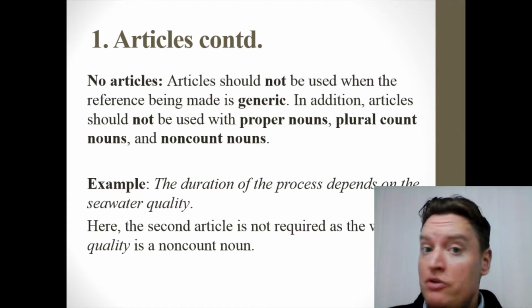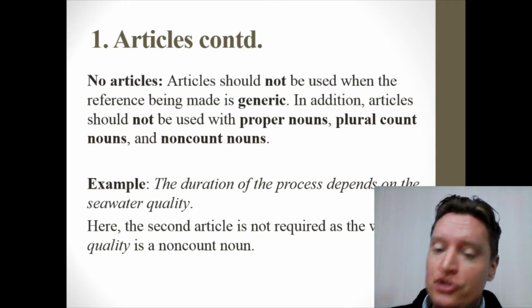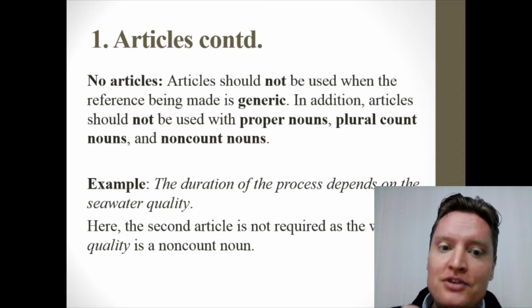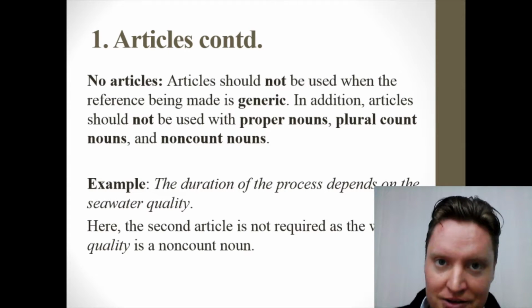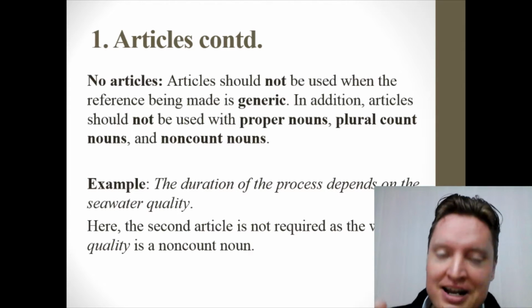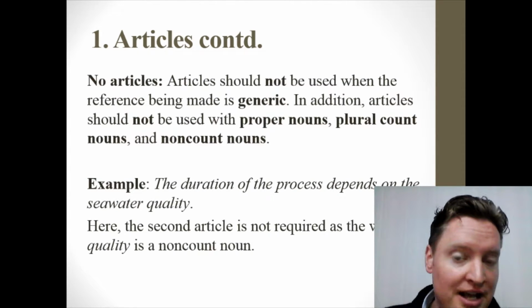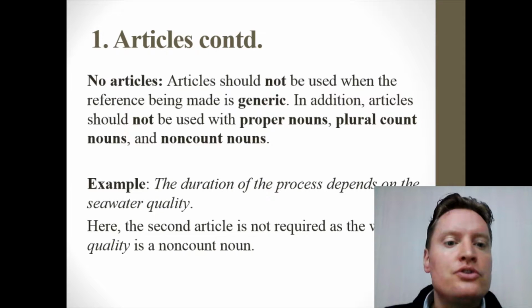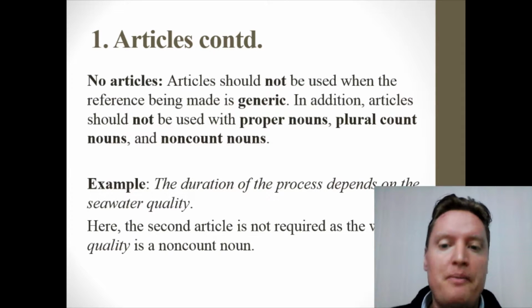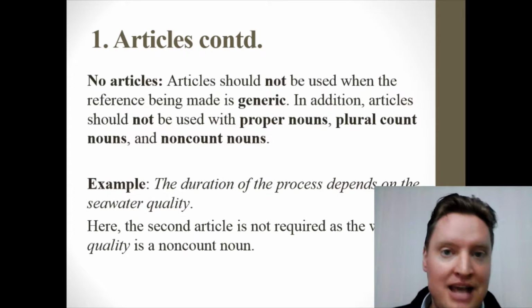Now, sometimes we use no articles. Articles should not be used when the reference being made is generic or general, not specific, not a specific process like we saw in our last slide. In addition, articles should not be used with proper nouns, plural count nouns, and non-count nouns.